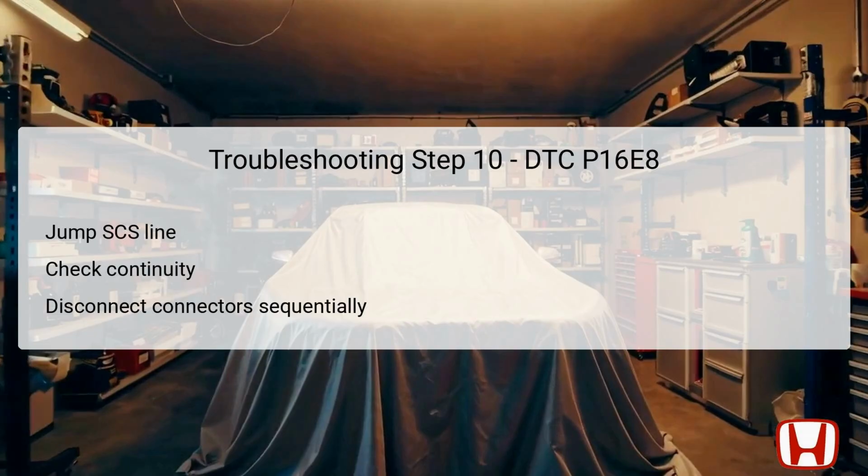In this 10th step, the technician will take necessary precautions by jumping the SCS line once more, rechecking continuity, and connecting or disconnecting connectors sequentially as needed. This helps determine if continuity vanishes when each connector is interrupted, helping to isolate if the LIN wiring for battery sensors is functioning properly.